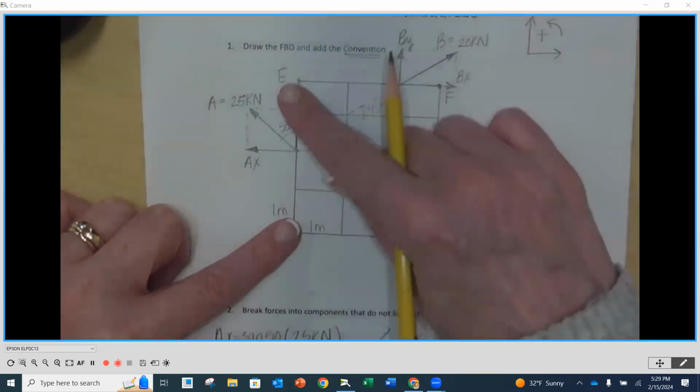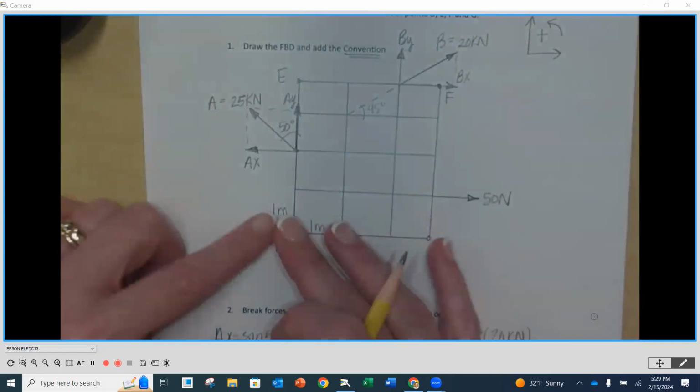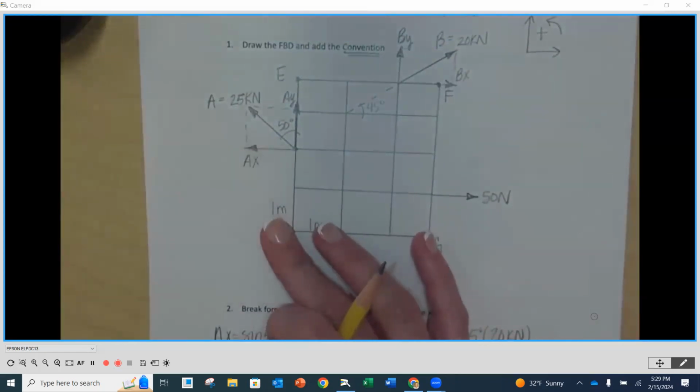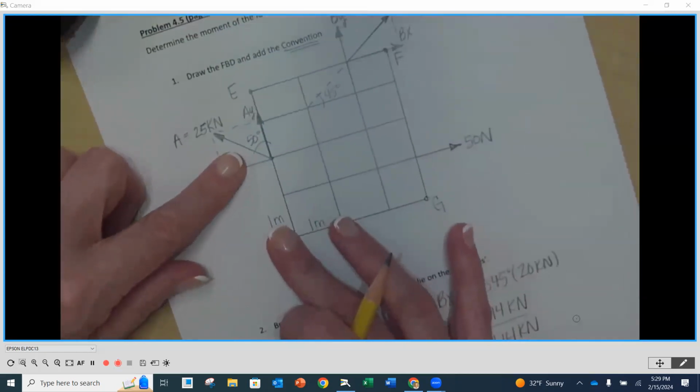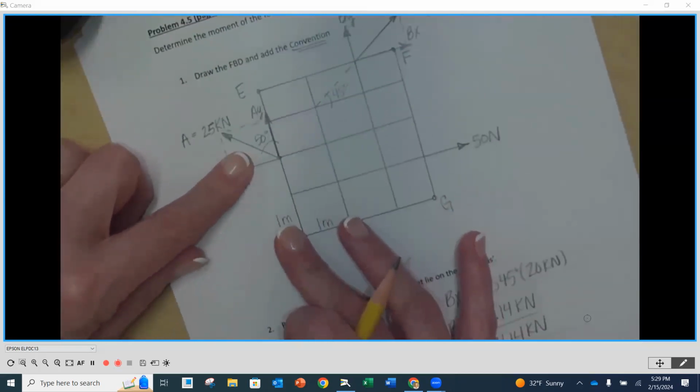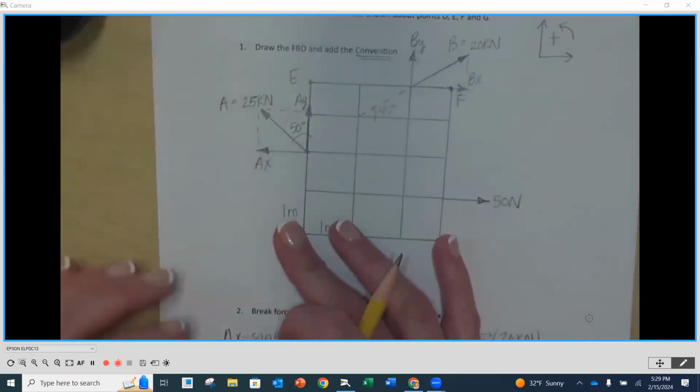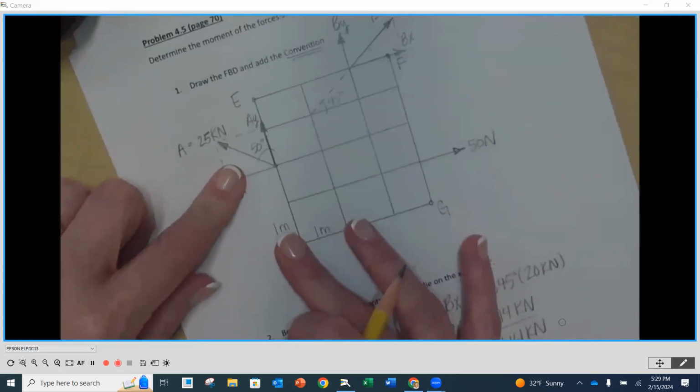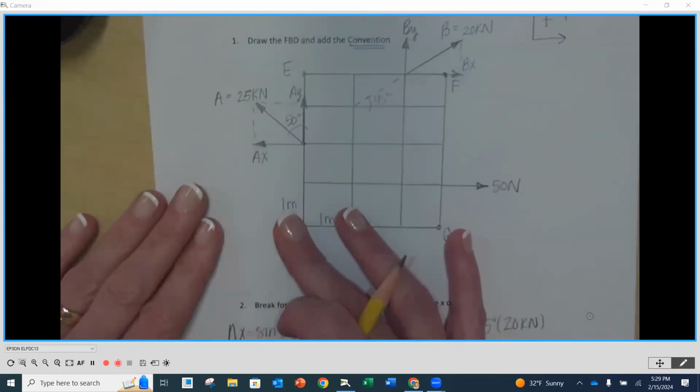I'm going to work around in a clockwise direction, and I'm going to start with AX. I'm simply going to pull in that direction while I hold my finger at D. You'll notice it causes a rotation, so I'm going to include it in my moment equation. I'm going to take its magnitude times its perpendicular distance.